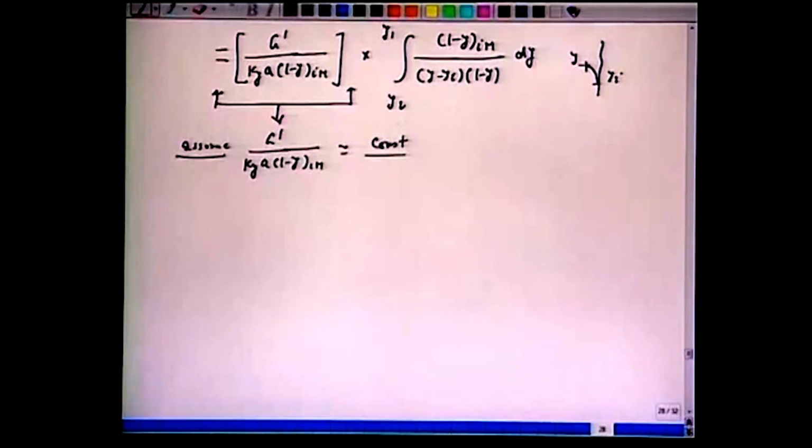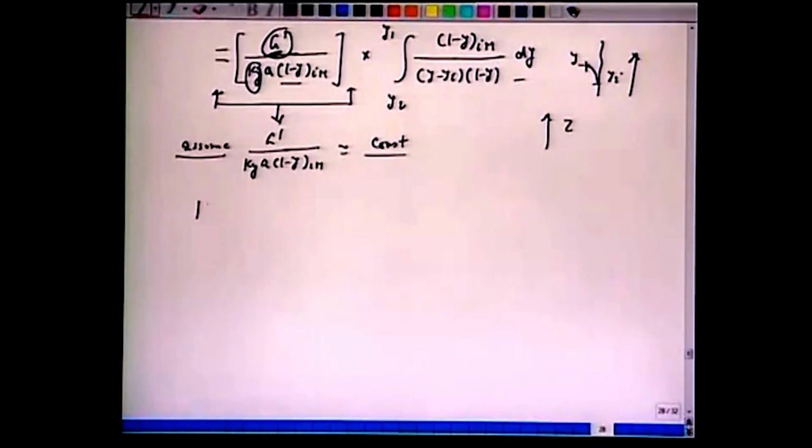It remains constant along the height of this column. Although G changes, moles per second or kg per second of the gas phase changes, and k_y also changes along this column, and remember, k_y also depends upon y, if you recall the previous expressions, but the ratio remains more or less constant here. So, this quantity has been taken out.